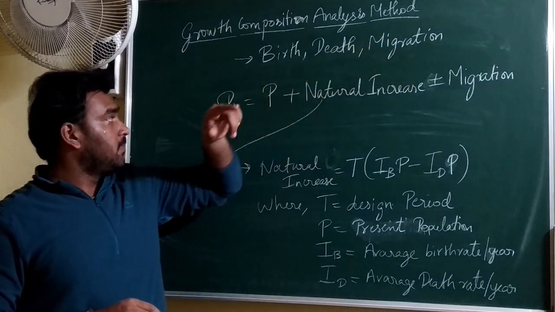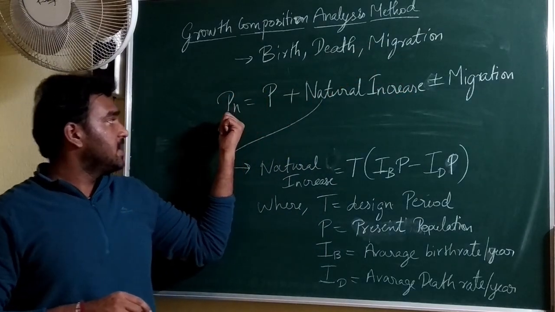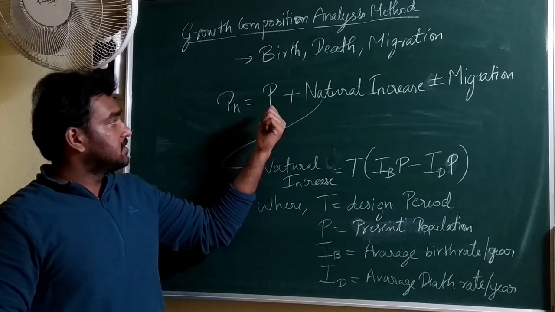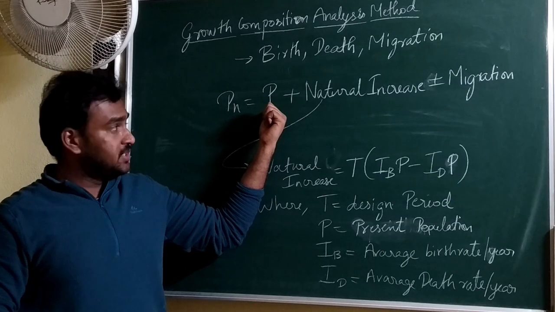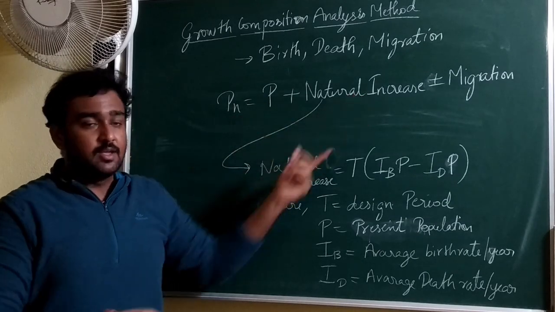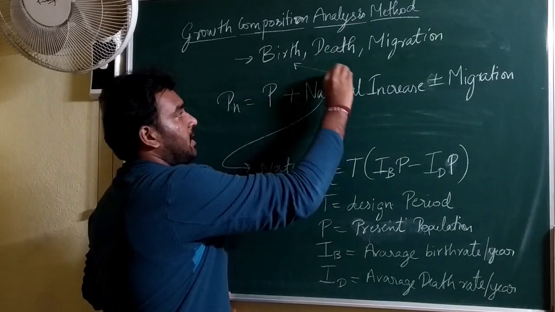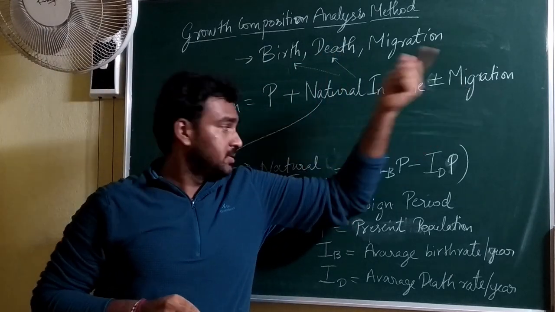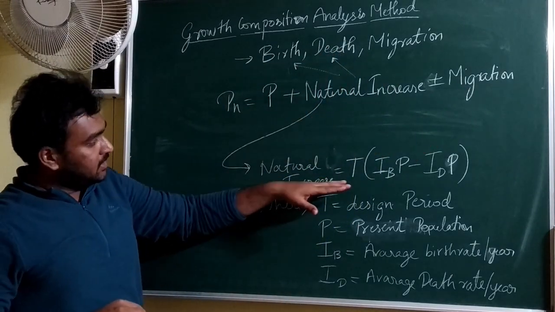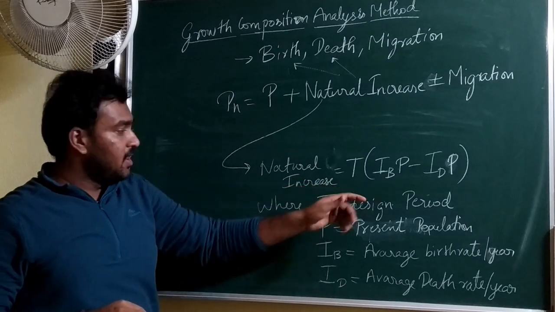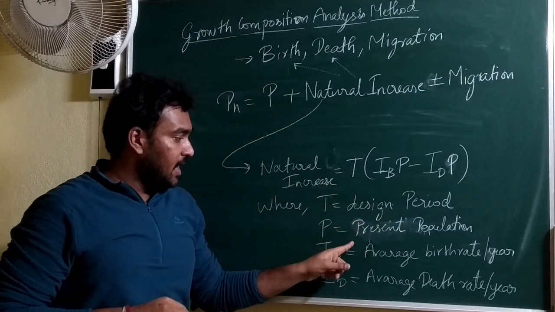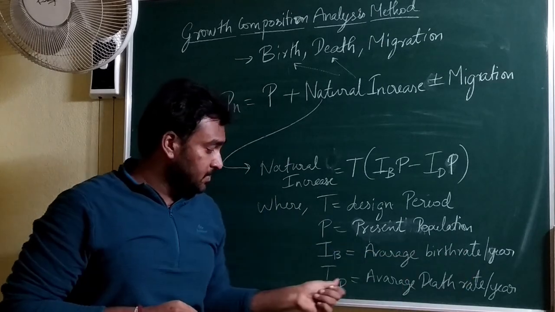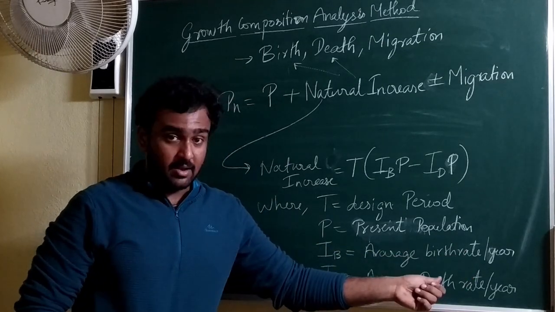In this method, population is estimated like this, where Pn is the population at any desired year, calculated as the sum of the present population added with the natural increase. Natural increase is birth minus death, plus or minus migration. Natural increase can be calculated using this formula, where T is the design period, P is the present population, IB is the average birth rate per year, and ID is the average death rate per year.